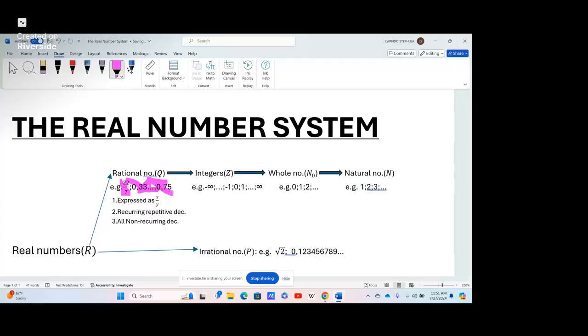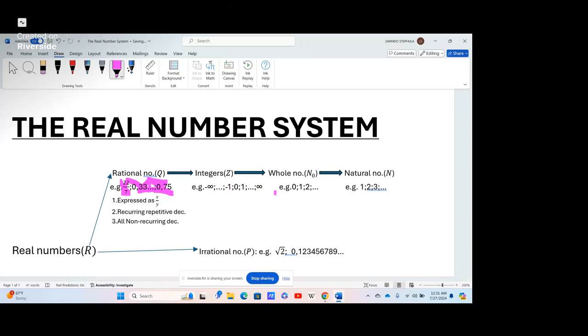Hope that makes sense. And then we move on to integers, which consist of ordinary numbers like negative 1, 0, 1, 2, 3, 4, 5, 6, 7, 8, 9, 10, up to infinity, without the fractions and the decimals.